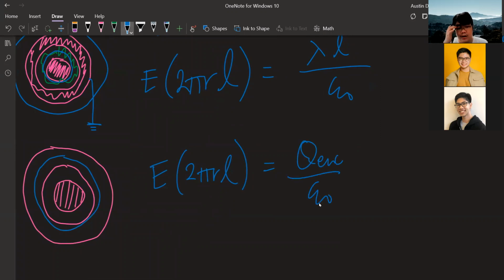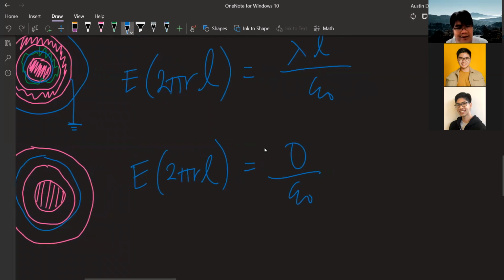But what is Q enclosed inside a conductor? Whatever happens, you have no enclosed charge, it would be 0. So, what we did is not useful.